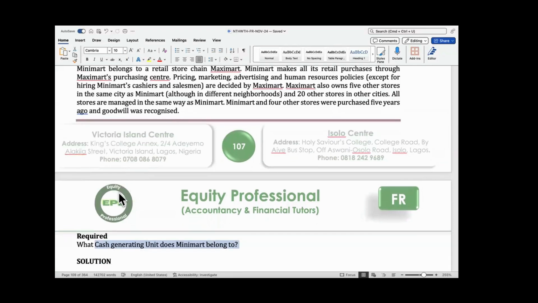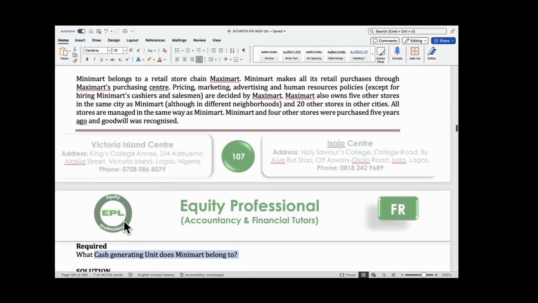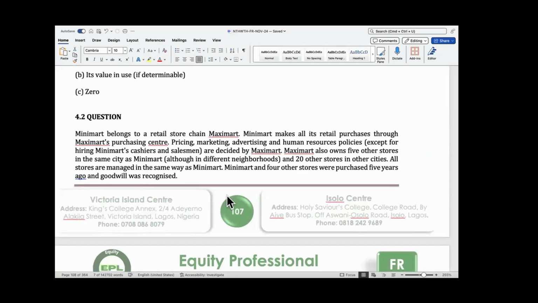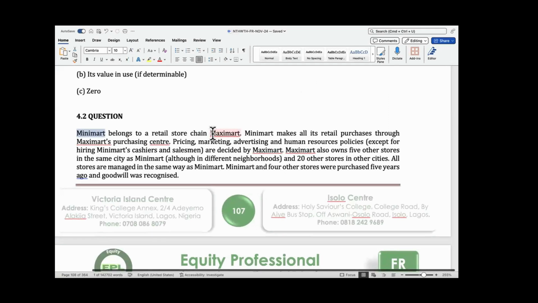Okay. So they want us to tell them what cash generating unit Minimart belongs to. Look at this question now. There is Minimart, and it belongs to a retail store chain, Maximart. It's like, what popular store do we have? Let me say ShopRite. So let's say ShopRite has some other small branches around Lagos.